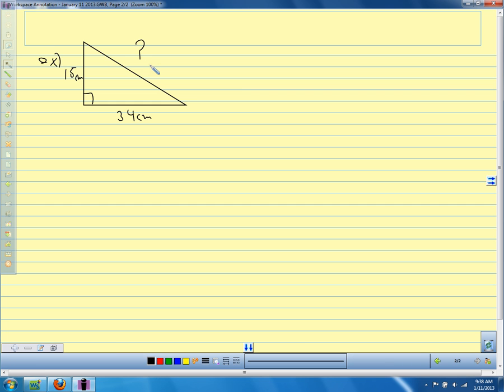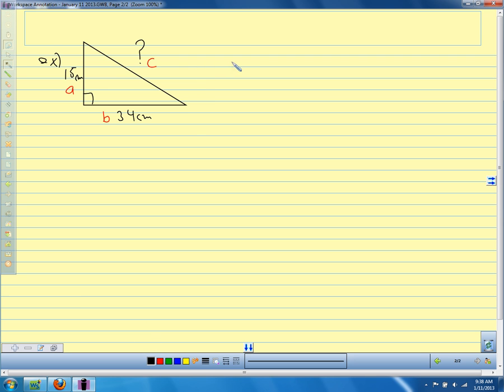What I recommend you do when you work with the Pythagorean theorem is write yourself a little reminder of which side's which. So what side are we looking for, A, B, or C? We're looking for C. That's the hypotenuse, the longest side. So I'm just going to say that's C. The A and the B, it doesn't matter. We can call either one of the others A and B. So I'll just call that one A and that one B.